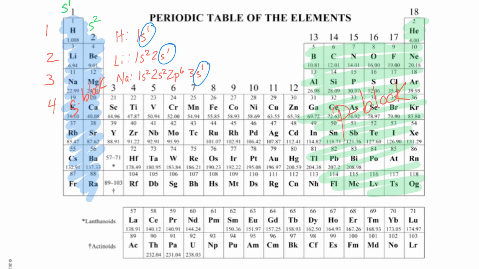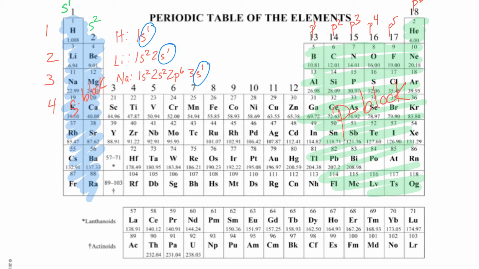Now, if you remember p orbitals or p sublevels, there are 3 orbitals in a p sublevel, and it can hold 6 electrons. And so you shouldn't be surprised then that there are 6 columns in the p block. So p1, p2, p3, p4, p5, and p6.